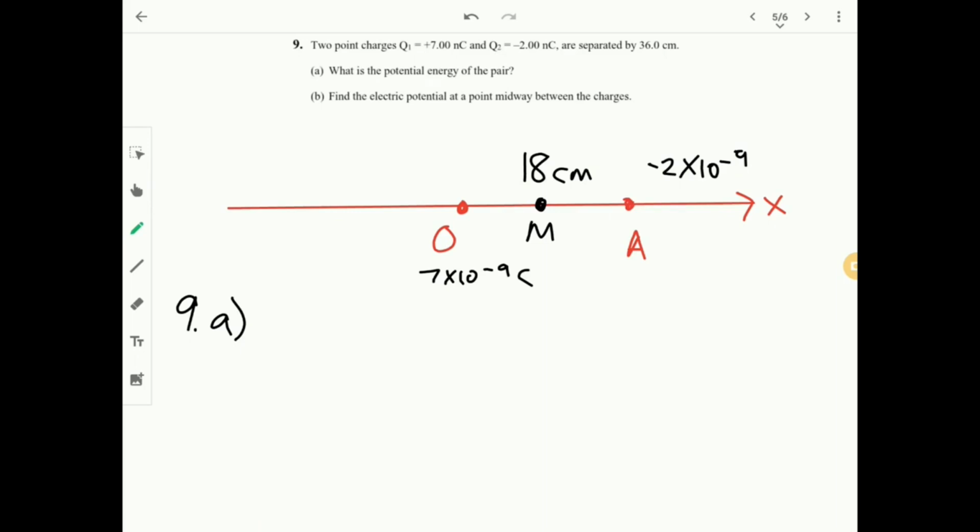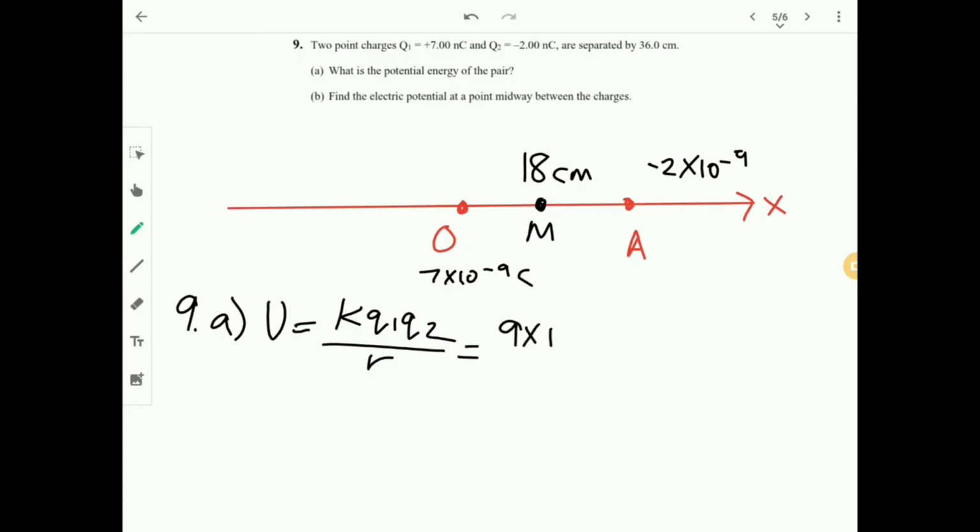Let's solve it together. They're looking for the potential energy of the pair. The very first equation we learned about electric potential is U equals K, Q1, Q2 over R, R being the distance. One thing that is different, you may remember another equation, Coulomb's law, Q1, Q2 over R squared. Here, Q1 and Q2 is not absolute value, negative sign matters, and we will consider it.